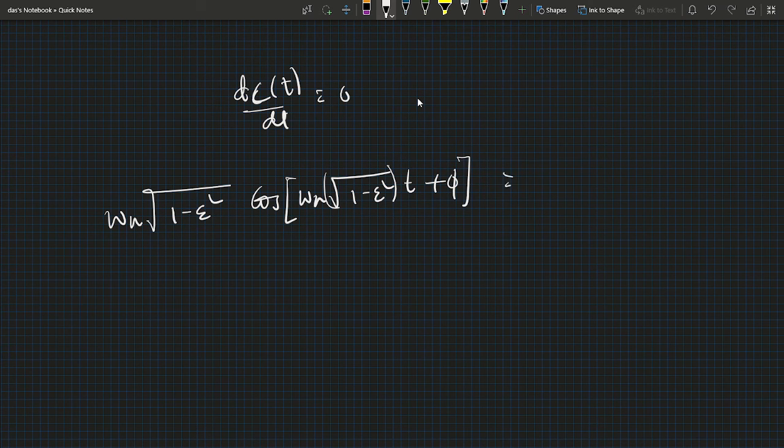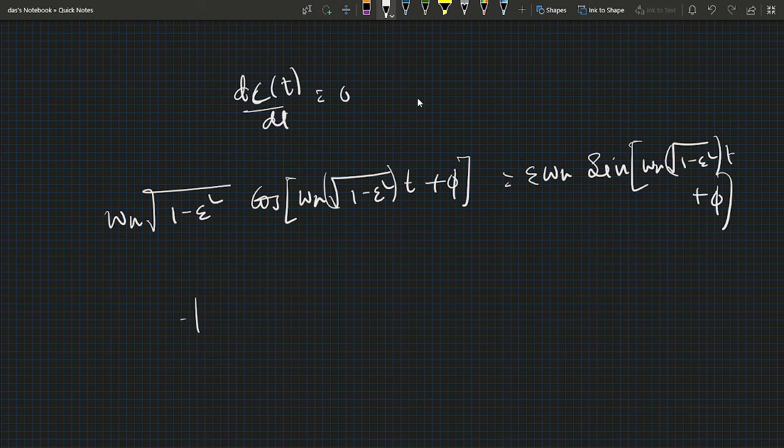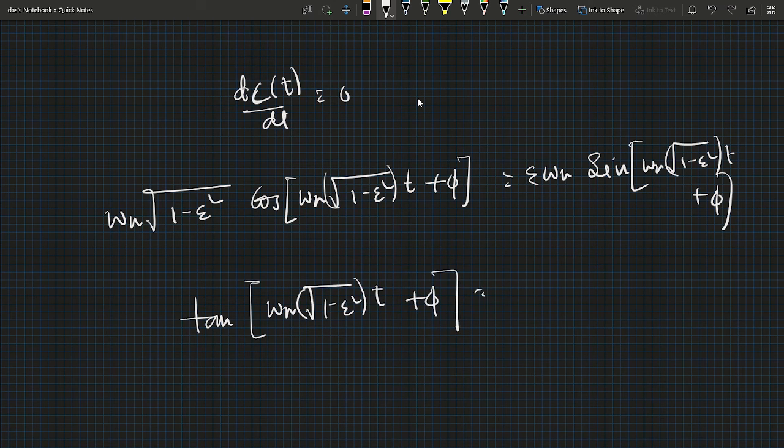Okay, this equals zeta omega n sine omega n square root of 1 minus zeta square t plus phi. Now from this expression, tan of omega n root 1 minus zeta square t plus phi equals root 1 minus zeta square by zeta.